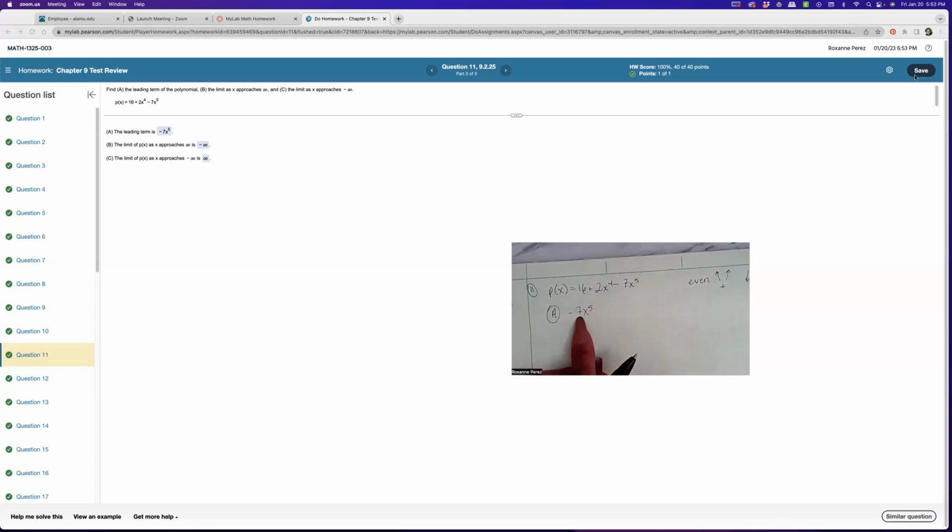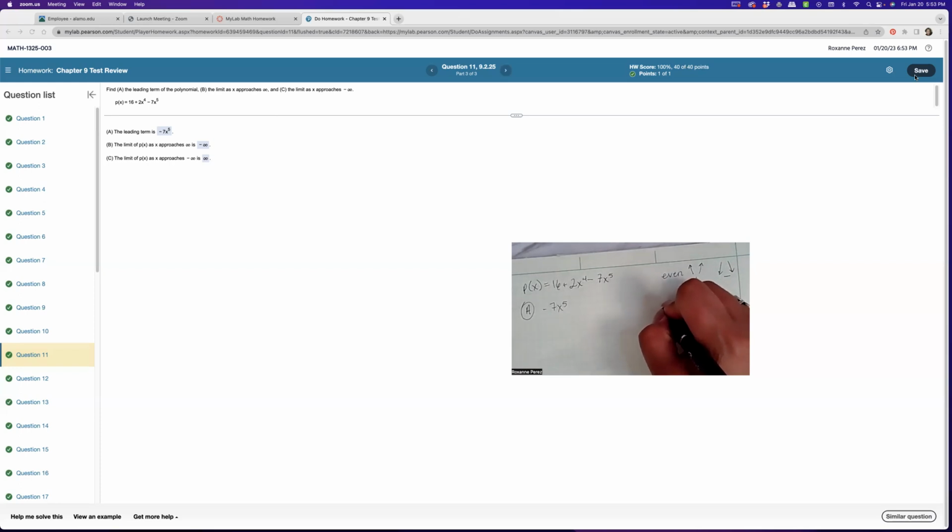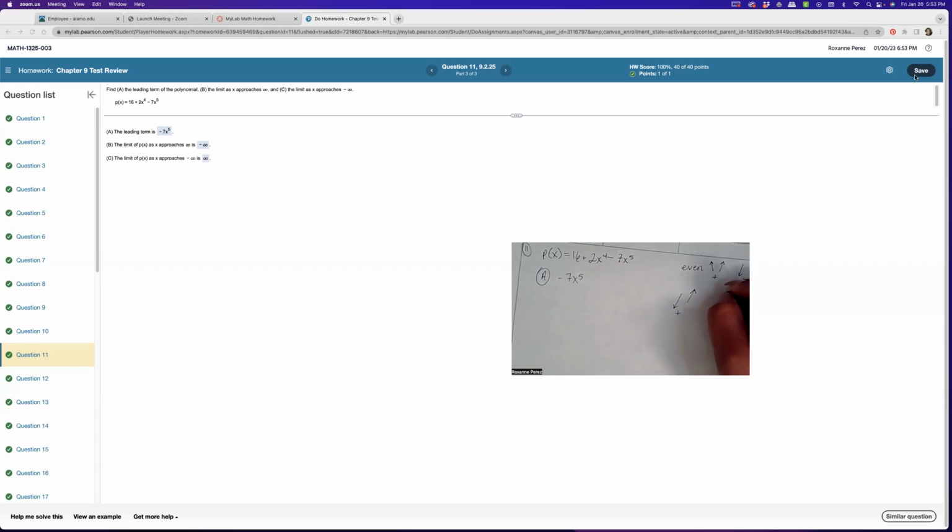When you have a function and the leading term has an odd exponent, like we do in this case, then the end behavior goes in the opposite direction. It goes in this pattern when it's a positive function, and it follows the other pattern in reverse when it's a negative function, okay?